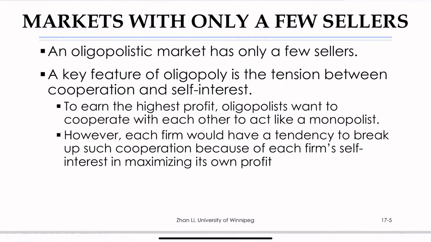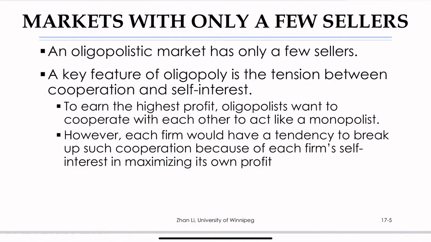So the major tension in the oligopoly market is cooperation and self-interest. Again, think about the two-firm case. If you have two firms, A and B, in the market, what's the best way for these two firms to earn the highest profit? Well, A and B should cooperate to act like a monopolist. The reason is, in a market, a monopolist earns the highest possible profit.